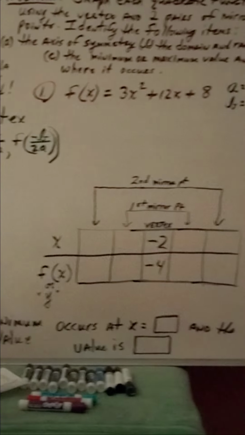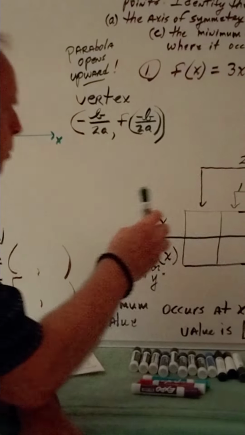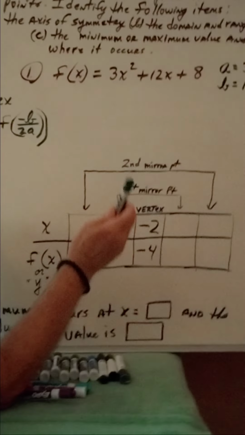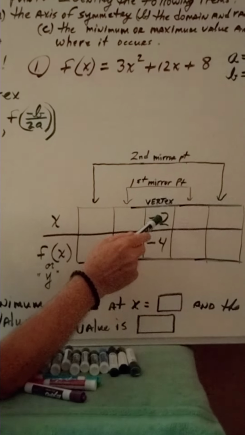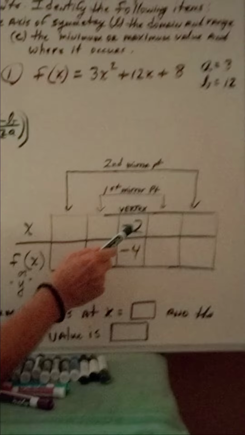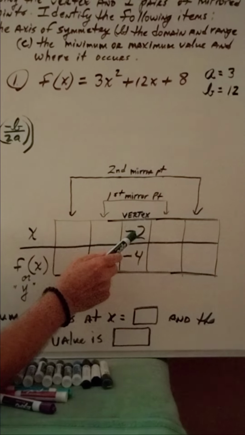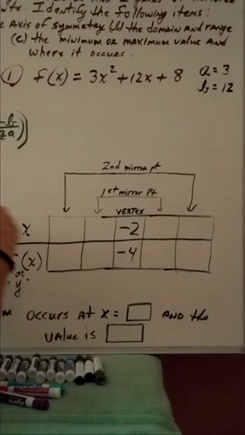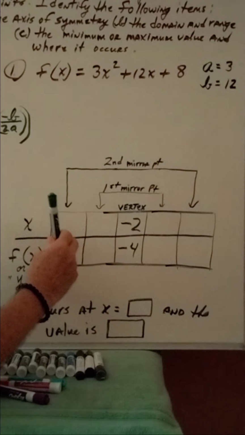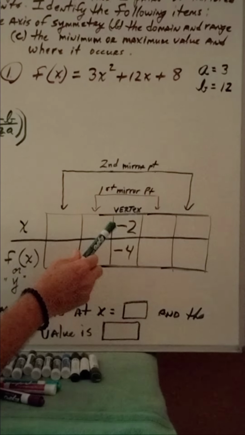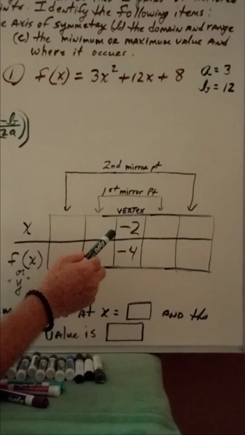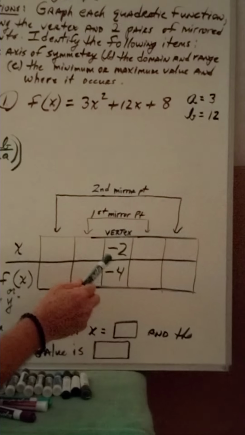And here's all that is necessary for you to do. You come to your table and you look at the x value of your vertex, which is -2. A truth that I think we mentioned in the first video was this. If I didn't mention it, we'll mention it right now.